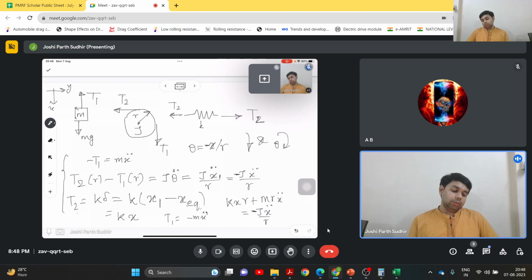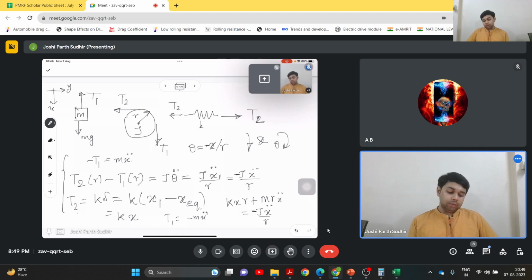This is for the small mass m. This equation is for the disk, so we take the moment about the center of the disk. We get a relation between the two tension forces T2 and T1 in terms of the rotating motion of the disk, and then finally we get the tension value in terms of the spring force T2. The spring force is related to the displacement of the small mass m, which is k into x.